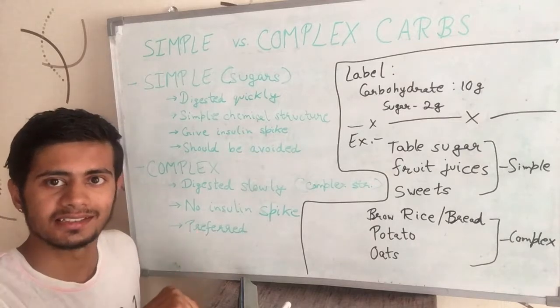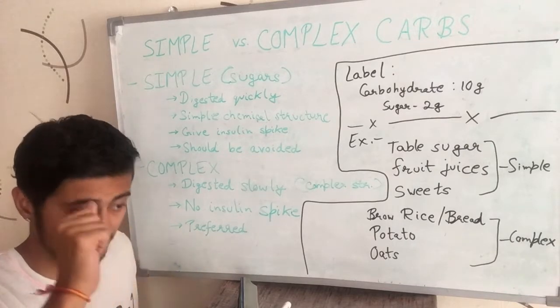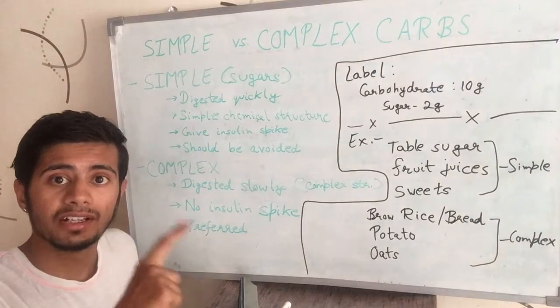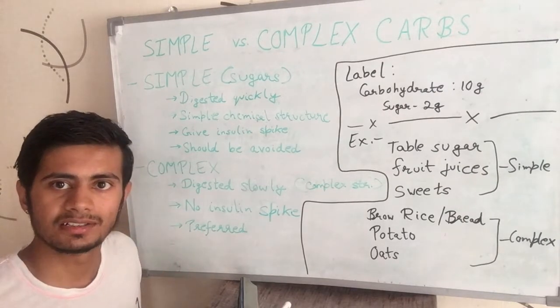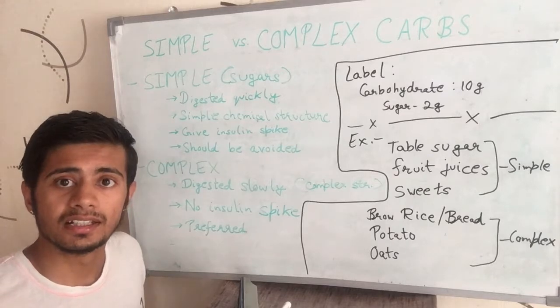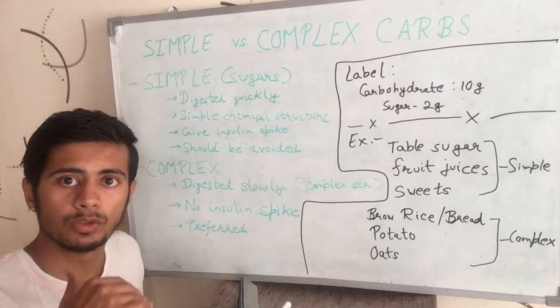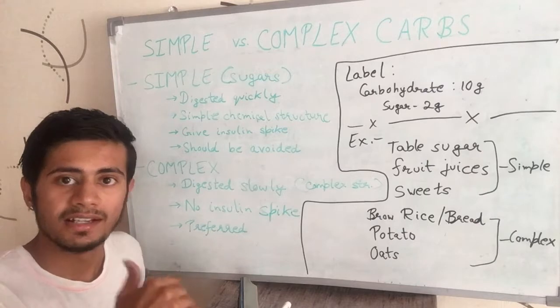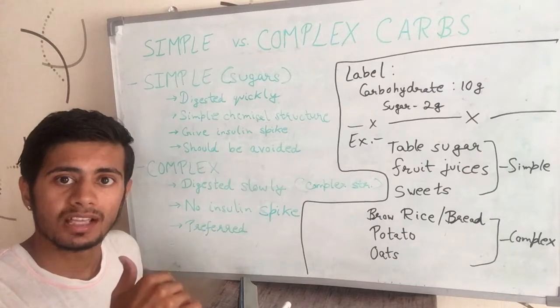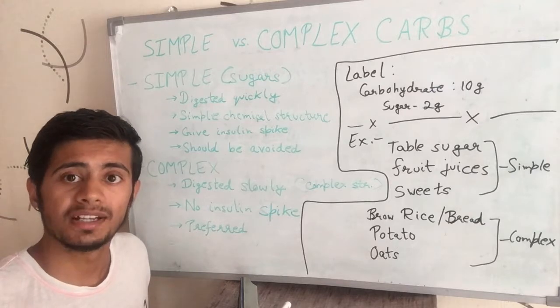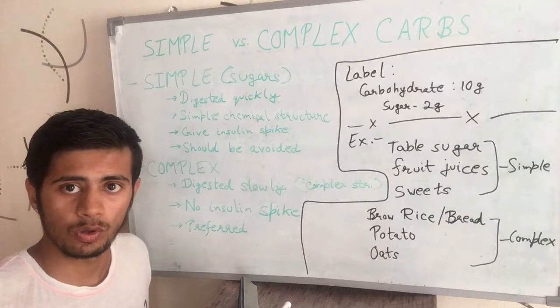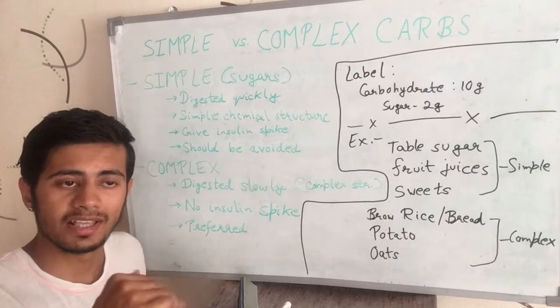The difference arises because of their chemical structures. They have different chemical structures. Simple carbohydrates have a simple chemical structure in the sense that it is easier for the body to break them down and digest. And complex carbohydrates have a bit more complex chemical structure, so it is a bit tough for the body to digest them.